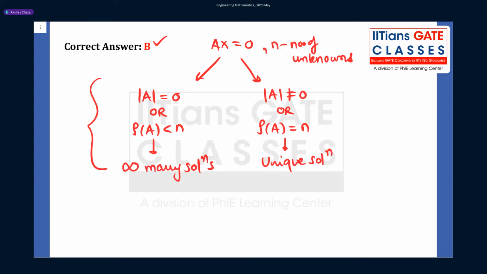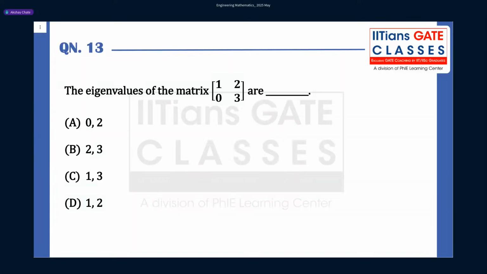We discussed that. So that was question number 12. It was also an easier difficulty level question if you are a serious candidate for GATE. Now let's move on to question number 13.